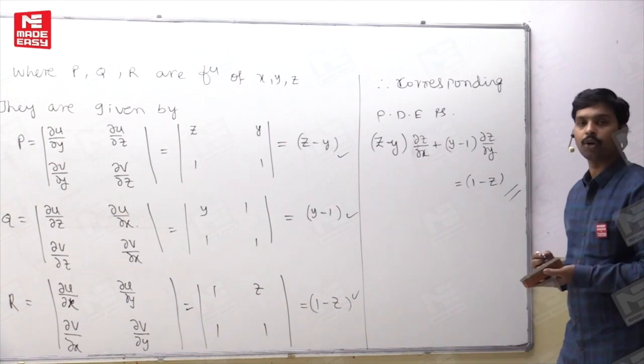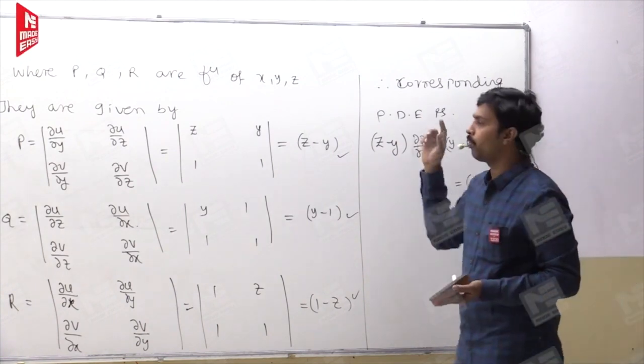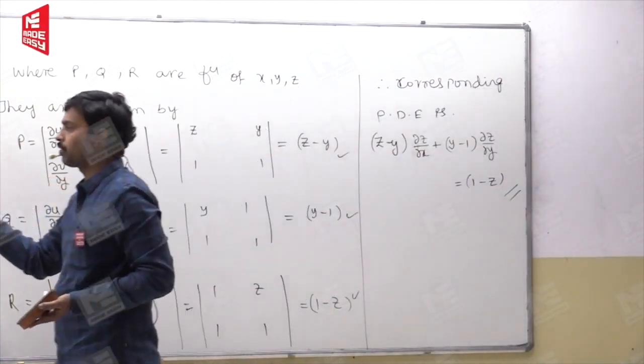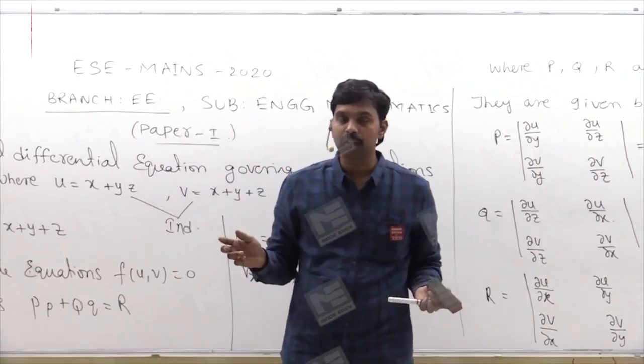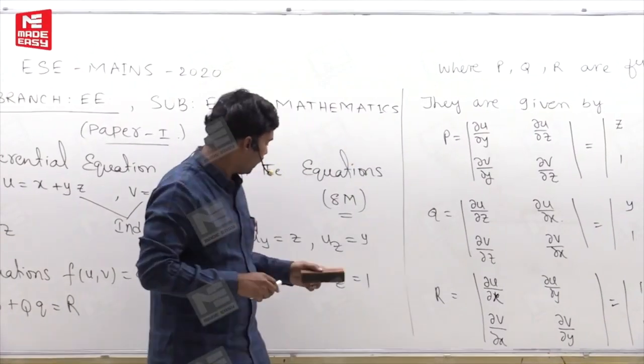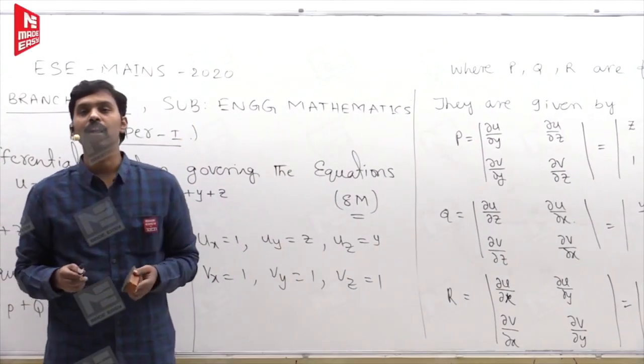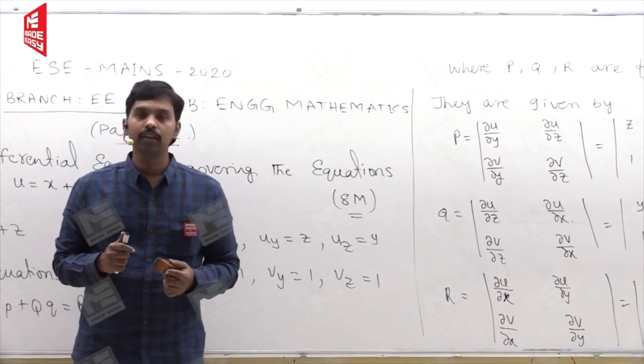So this is the required partial differential equation for the given equation phi of u comma v is equal to 0. So this is the method for finding it. It is exactly the reverse procedure of solving the linear partial differential equation.